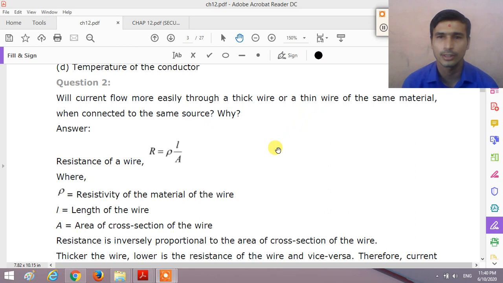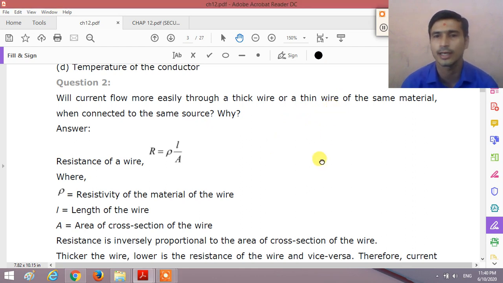So the current passing through the conductor depends on the resistance of the conductor. The thick wire has more cross section area, so it has less resistance, so the current passing through the thick wire is more, whereas the thin wire has less cross section area and more resistance, so the current passing through the thin wire is less.